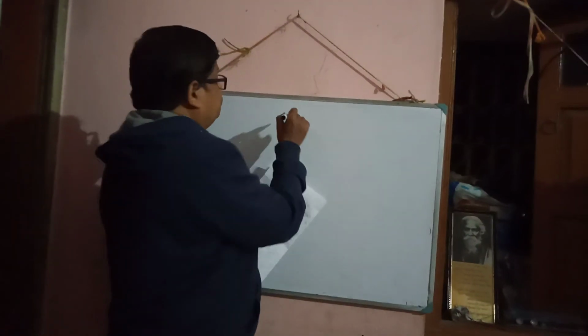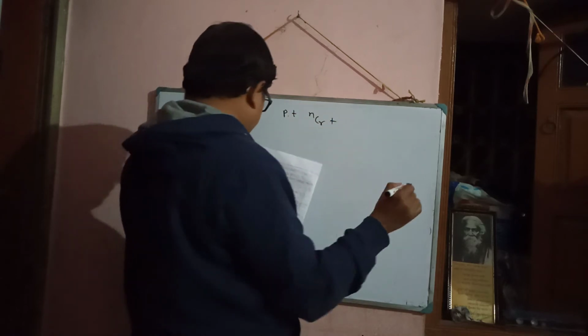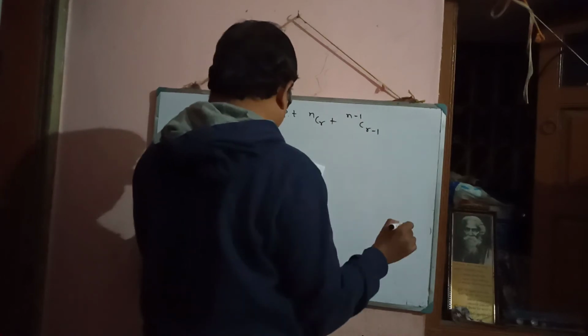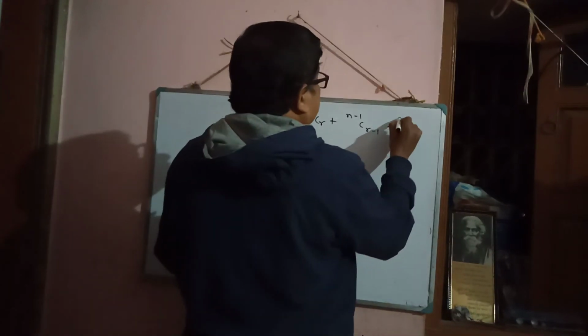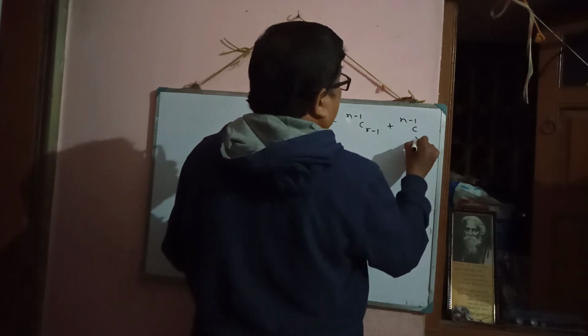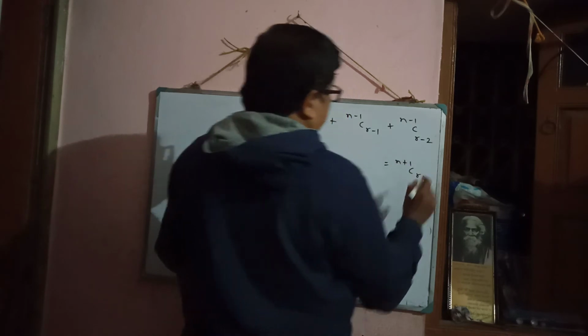Look at here. See, prove that NCR plus (n minus 1) CR minus 1 plus (n minus 1) CR minus 2 equals (n plus 1) CR.